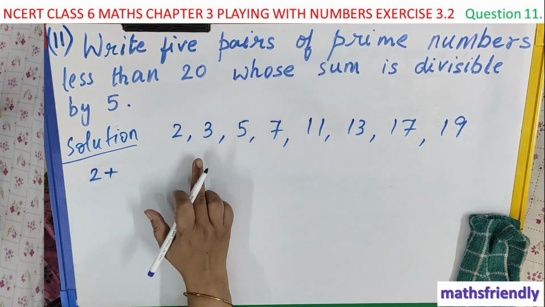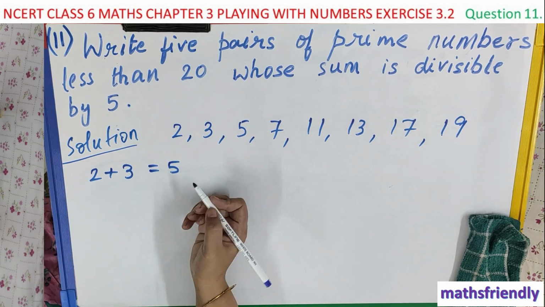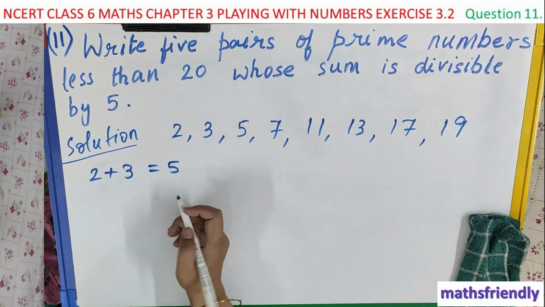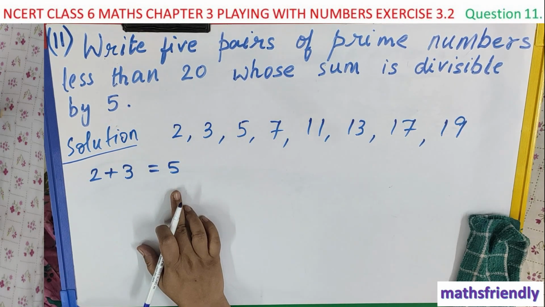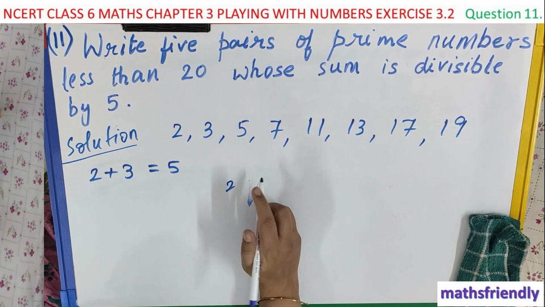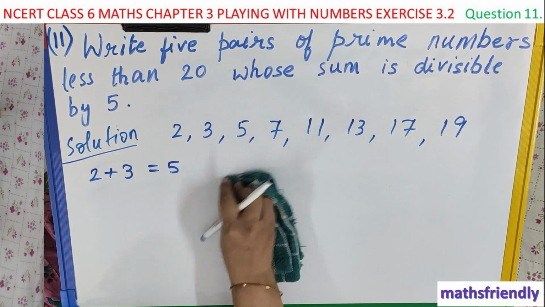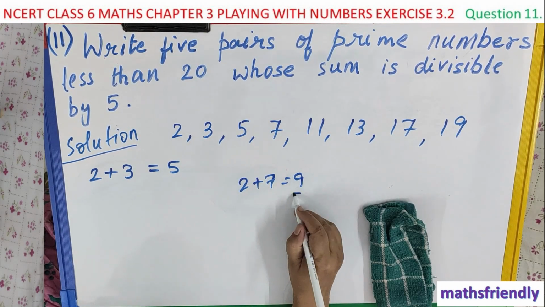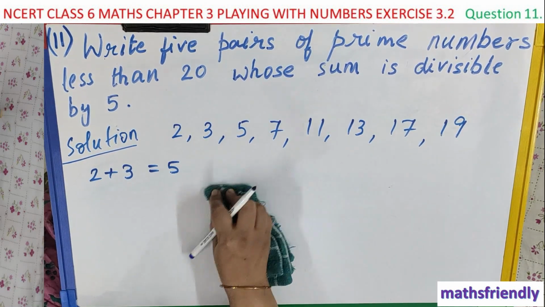Again, what do we add to 2? 2 plus 5 gives 7, which is not divisible by 5. 2 plus 7 gives 9, the sum is not divisible by 5. So we can't take 2 and 7.